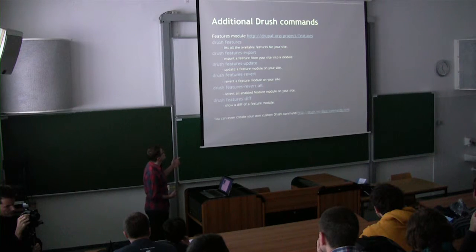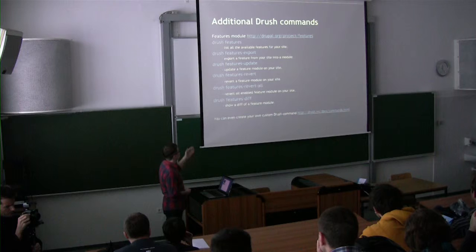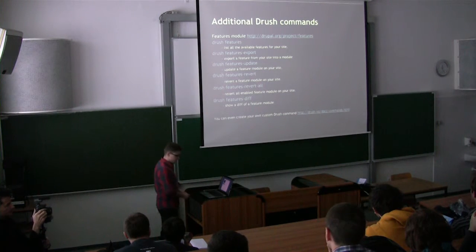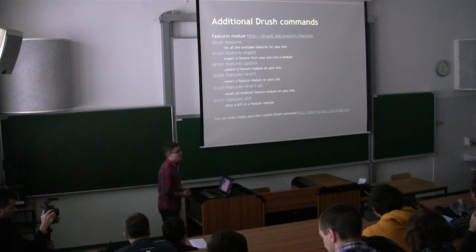And from the command line you can choose which feature to check, which feature to enable. So it's much faster. Of course, you can print out the difference between your current feature and new feature and check if there are some edits that you would like to apply.